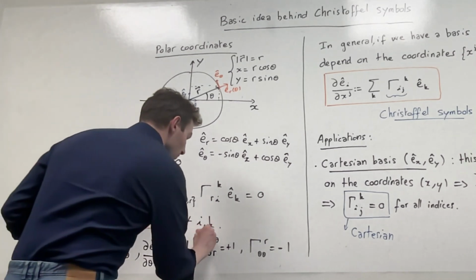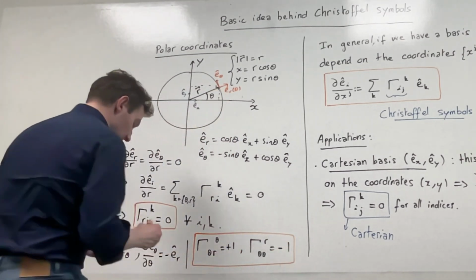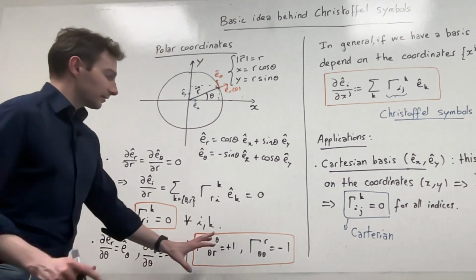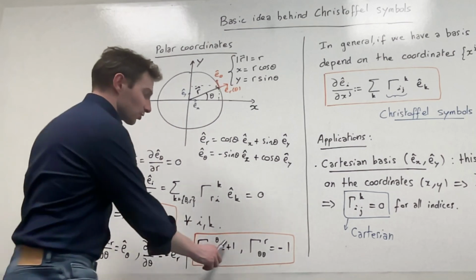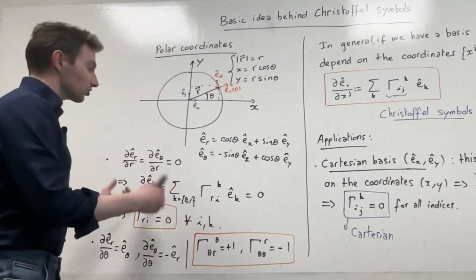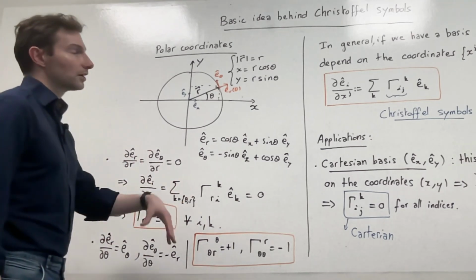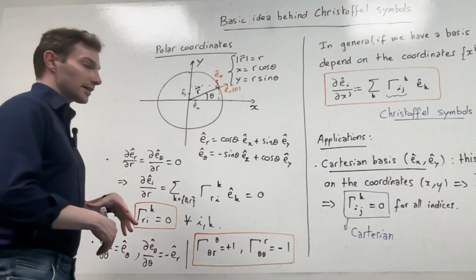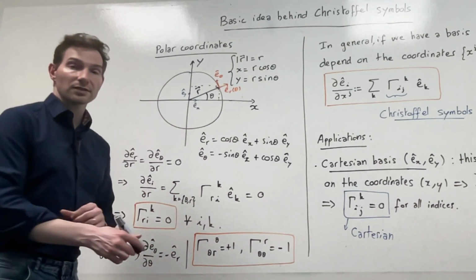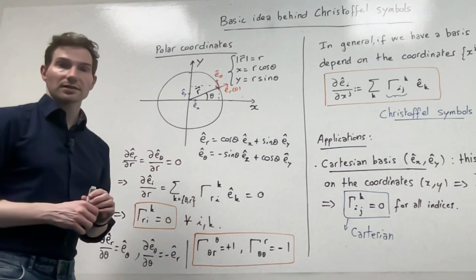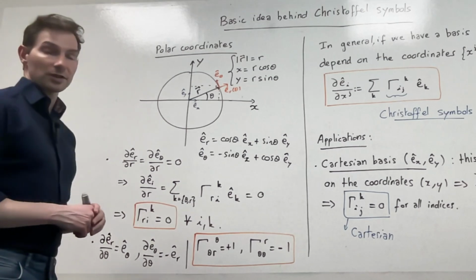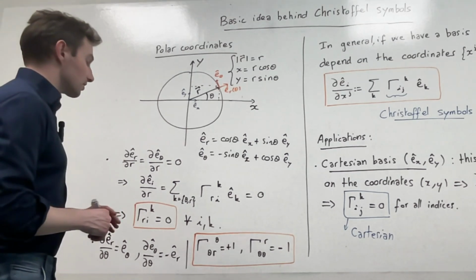Okay? And so with this particular table of numbers, plus 1, minus 1, and everything else 0, you can essentially find all possible calculations involving derivatives of these basis vectors in the so-called local basis that the polar coordinate system represents.